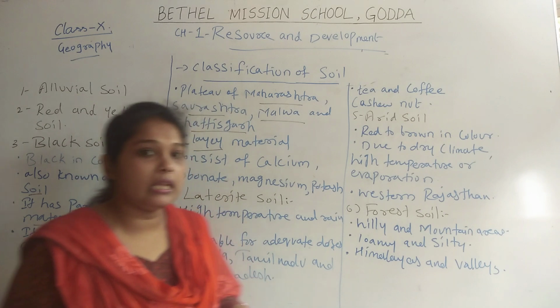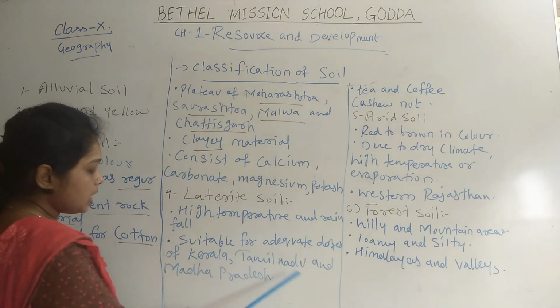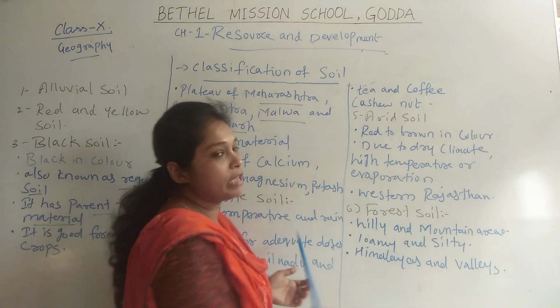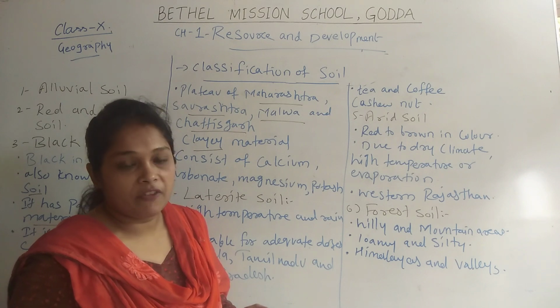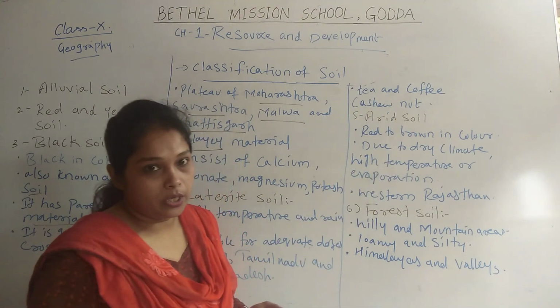In India, this soil can be found in Kerala, Tamil Nadu and Madhya Pradesh. It is very favorable for growing tea, coffee and cashew nut.